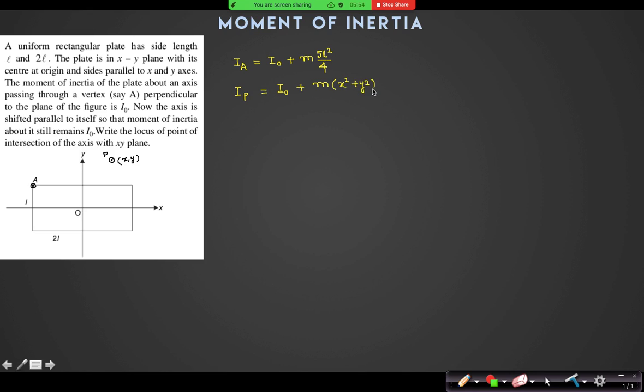But according to your question, that should be equal to I_A. So I_P is equal to I_A. If I equate these two, you will get x square plus y square equal to 5L square by 4, that is root 5 by 2 L whole square. Yes or no? That is the equation of the locus of the point.